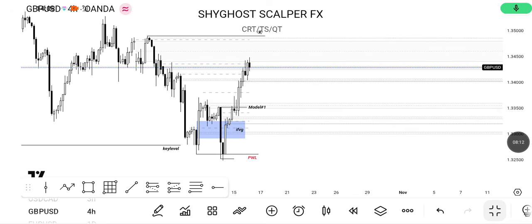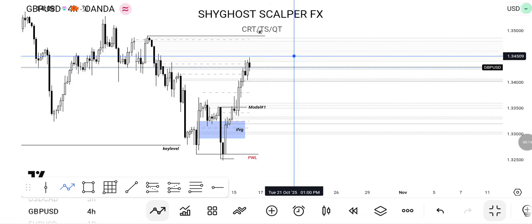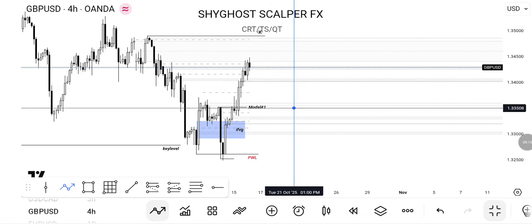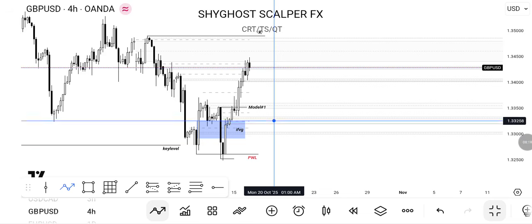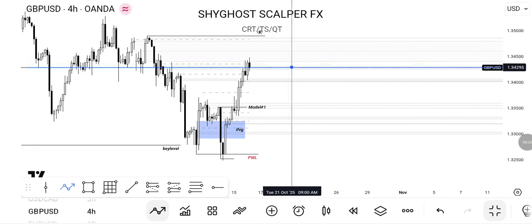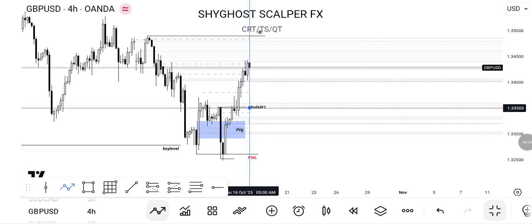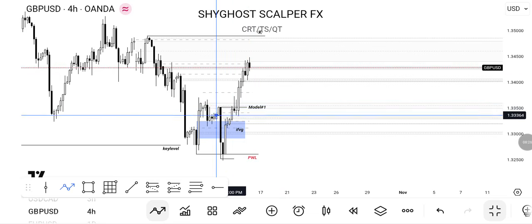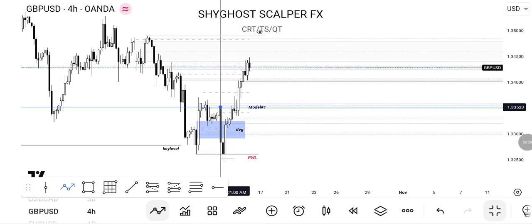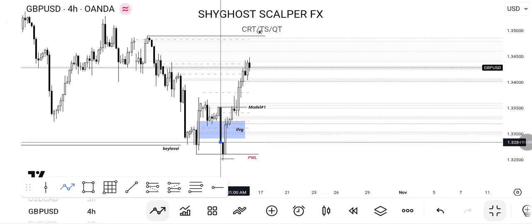So now we did put in our indicator, a new week opening gap, a new day opening gap indicator. As you see, there are lines here, right? So where is our model 1 entry? It's here on this big bulky candle, right?